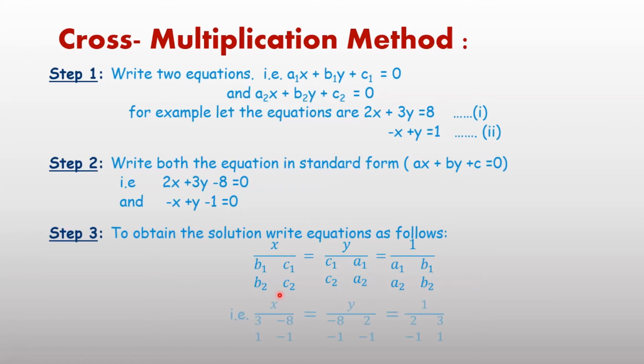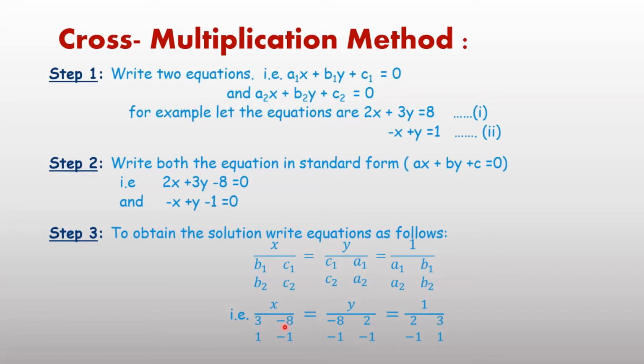Then next step, from the example I have written, x denominator, coefficient of y 3 and here coefficient of y is 1. So 3, 1 is written here. Constant -8, -1 is written here. Then next step, y.